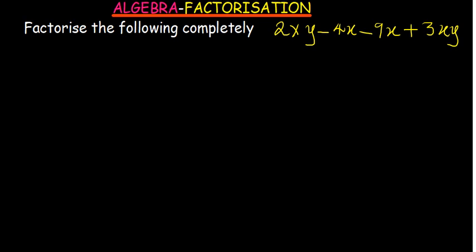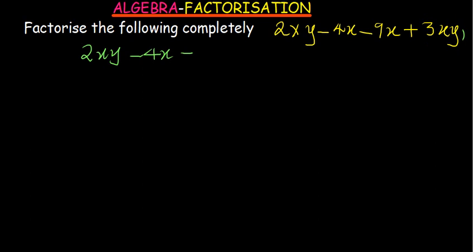The question asks us to factorize completely. So what we are going to do, first write this the same way it has been given: 2xy minus 4x. And then you can see for the first one we are given with what has got xy. So I'm also going to first write this one that has got xy.